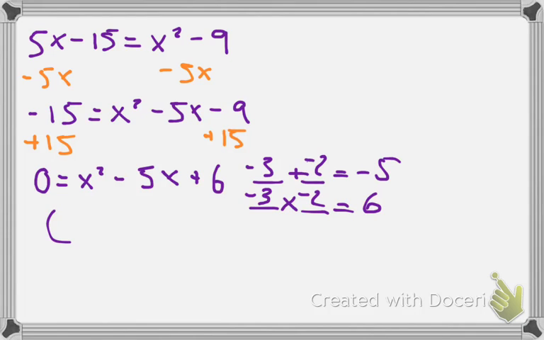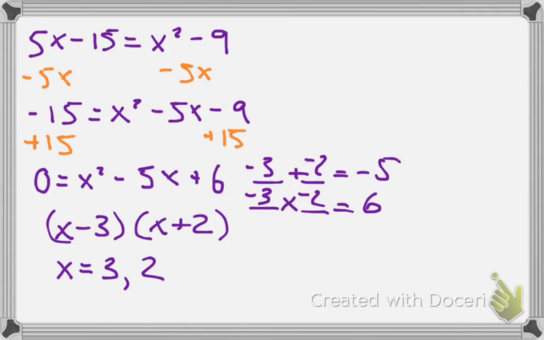So my factors are x minus 3 and x plus 2. But when those are my factors, my answers are x is equal to 3 and 2, right? We always flip the signs. So sorry, I drew x minus 2.